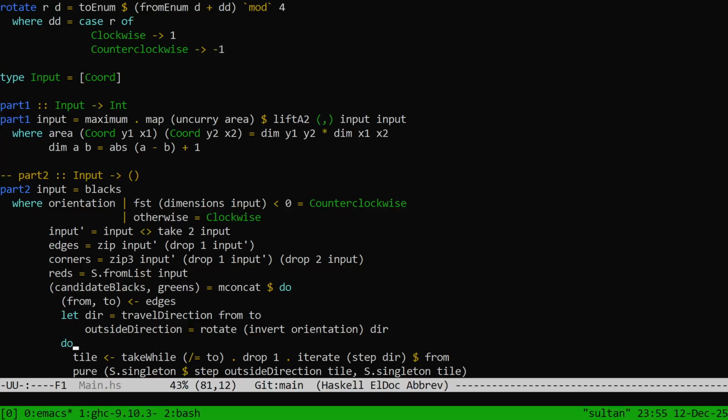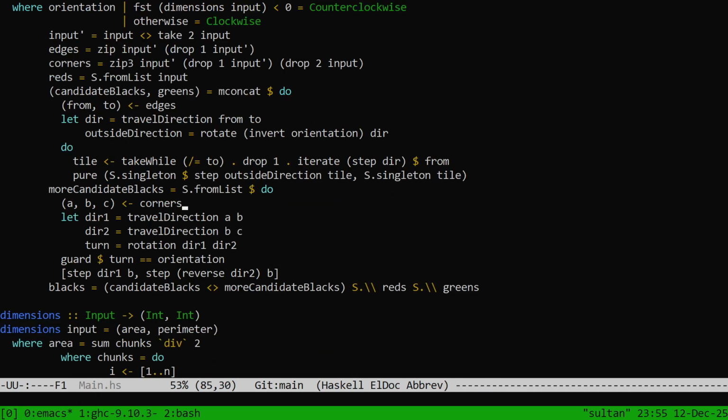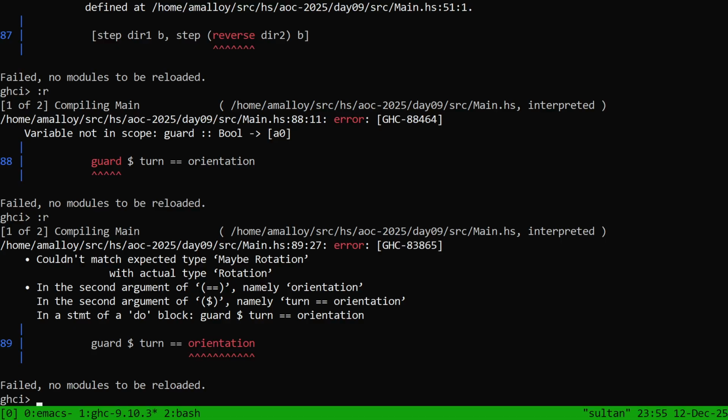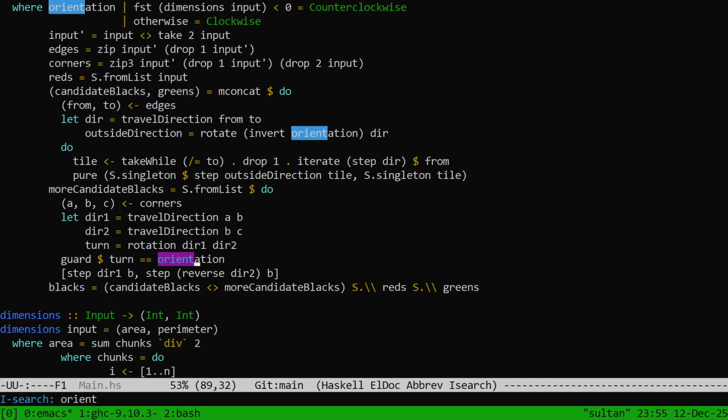Orientation could be maybe. Right, so the turn could be nothing if we were continuing straight.